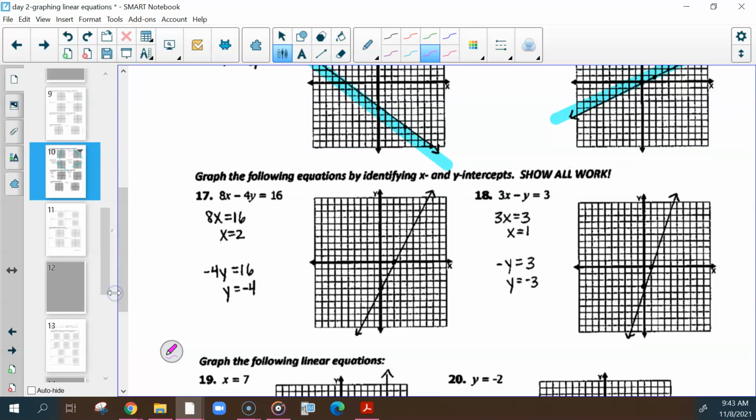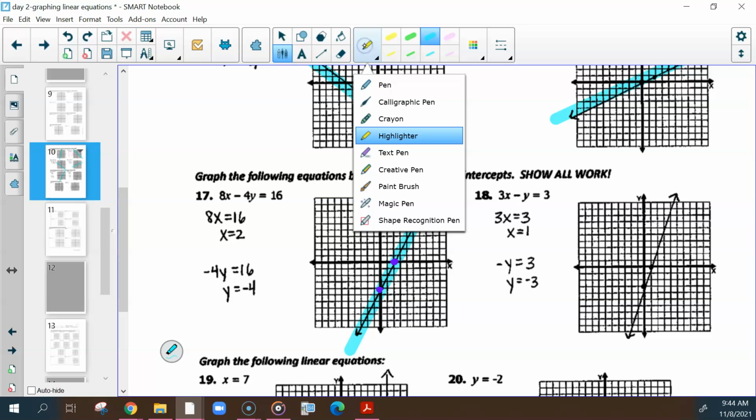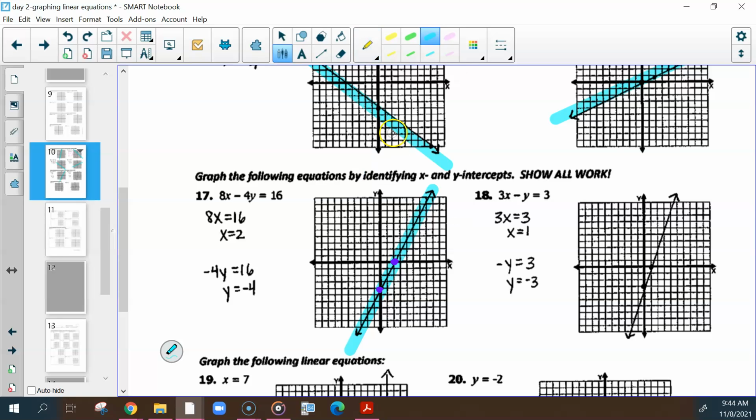For the ones by x and y intercepts, your x-intercept was at 2. Your y-intercept was at negative 4. And then there's a line going through them. For the next one, your x-intercept was at 1, and your y-intercept was at negative 3.